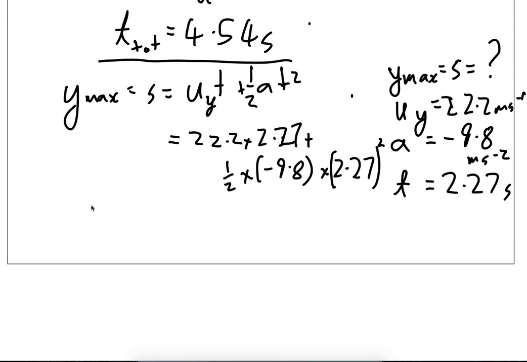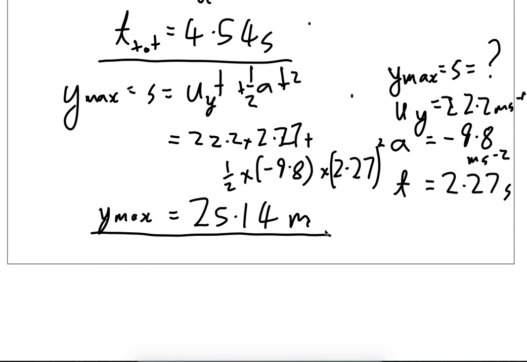And overall, that means that Y max, the maximum height reached, equals 25.14 meters. So the arrow flies for a total time of just over 4.5 seconds, and at its maximum point, which is half of its journey, it's at a height of 25 meters.